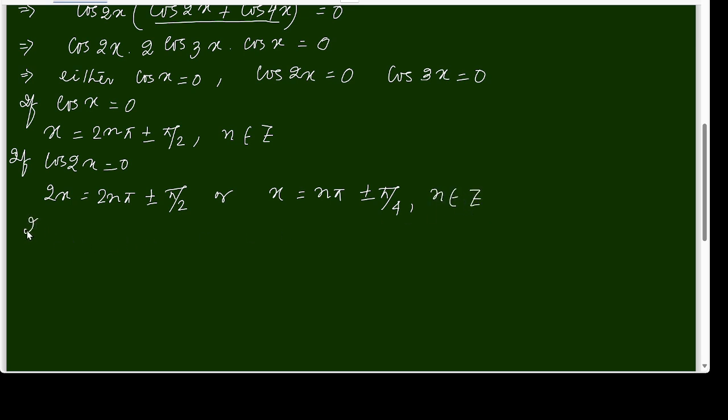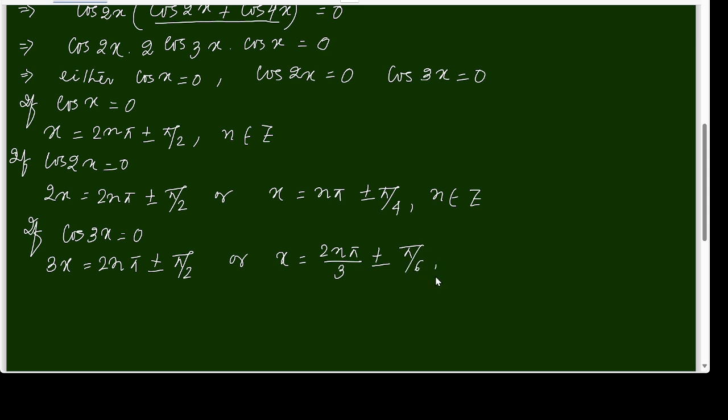In the same way, if cos 3x equals 0, then 3x equals 2n pi plus minus pi by 2, or x equals 2n pi over 3 plus minus pi by 6, where n is an integer.